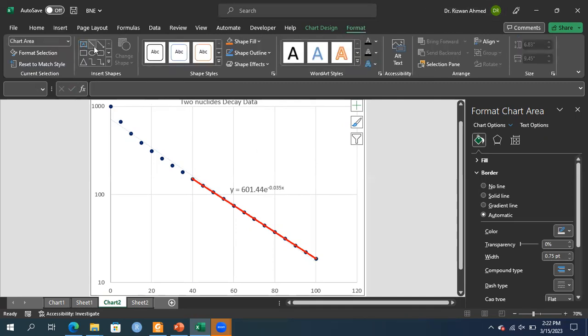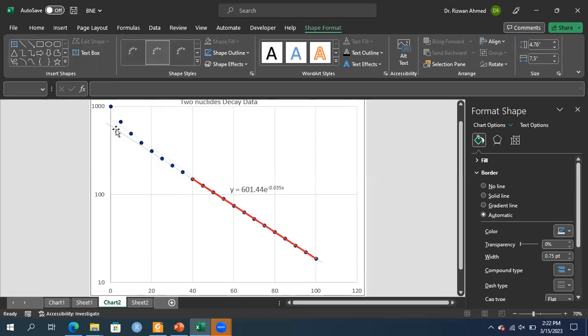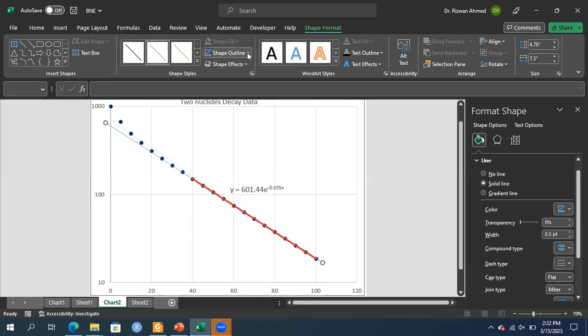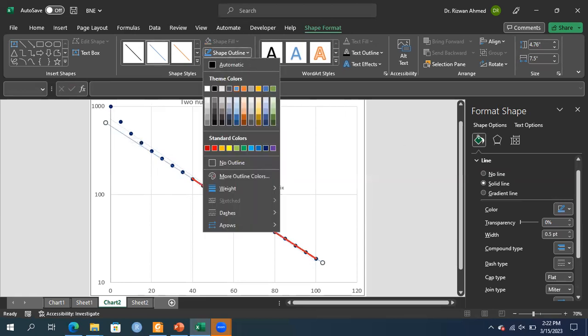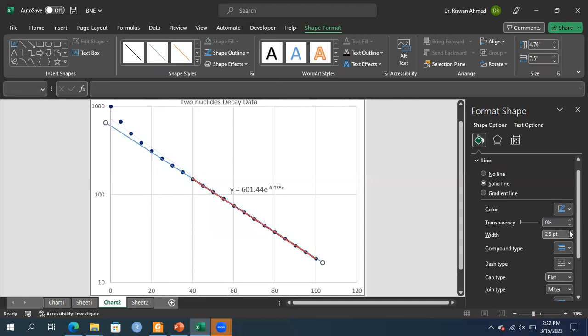Okay, yeah, this line. I will extend this red line, and to show it, right, it has rightfully covered the red line, the contribution of the long-lived isotope.